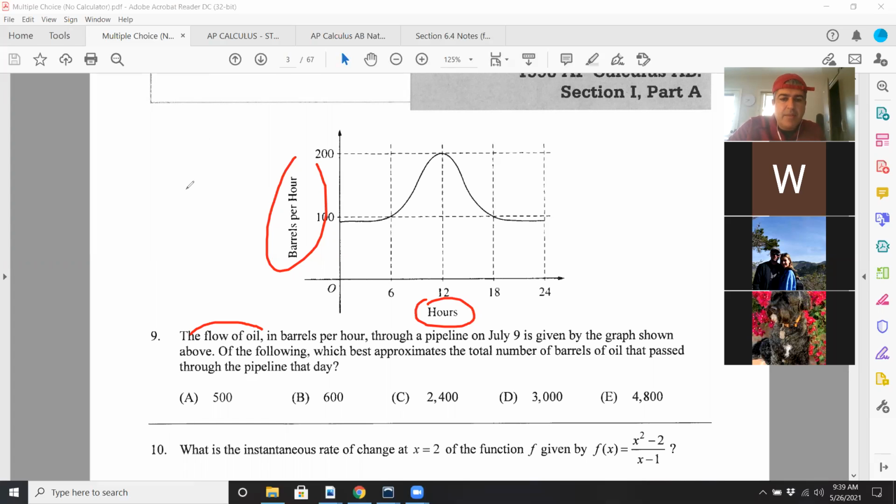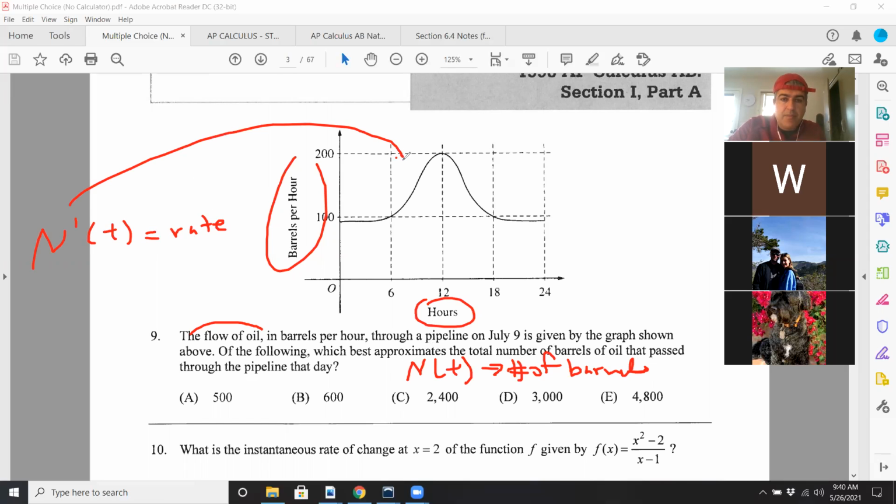So think of N of t as the number of barrels. So N prime of t is a rate, and the graph here is for N prime.